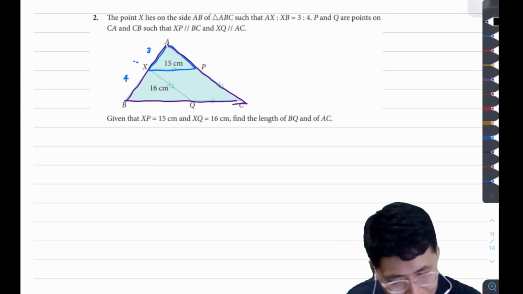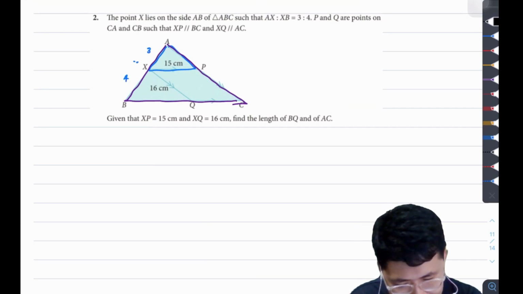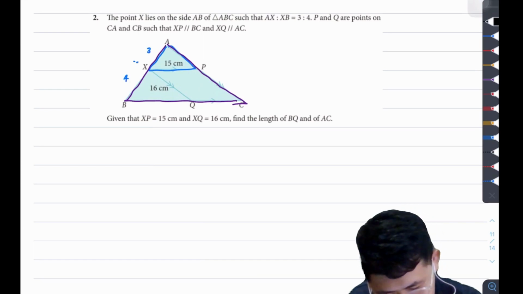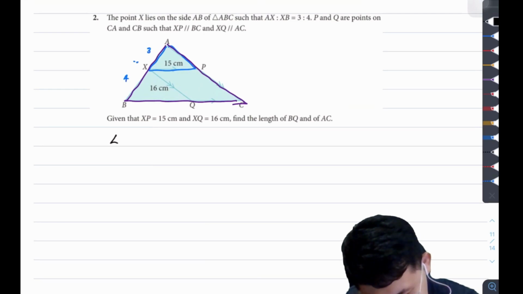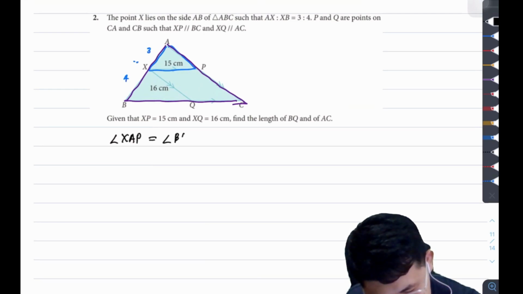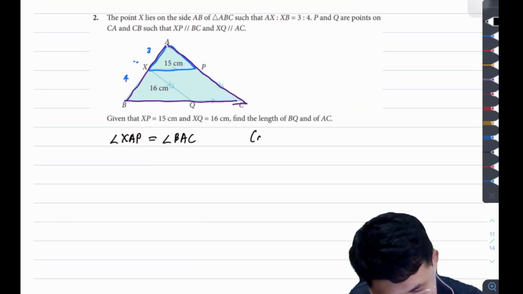Okay, so let us do this then. Angle XAP is equal to angle BAC because this is a common angle.